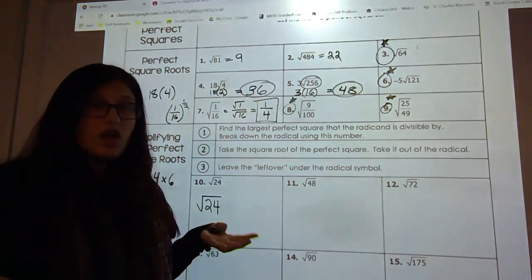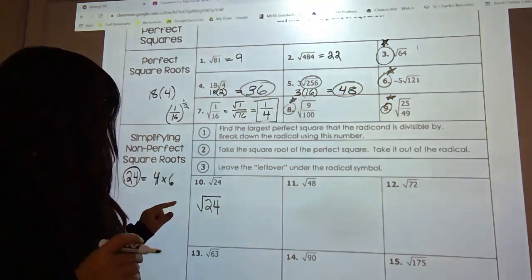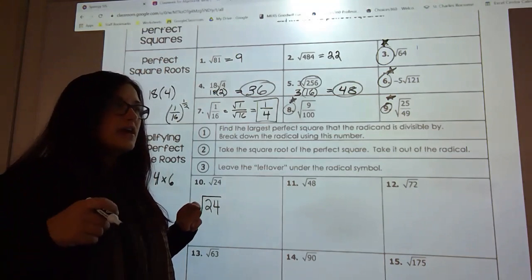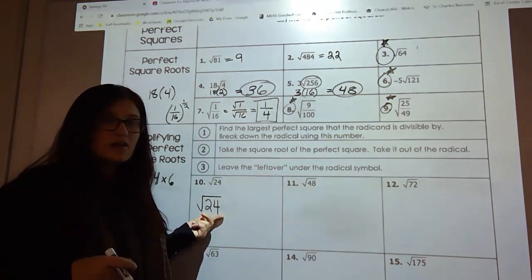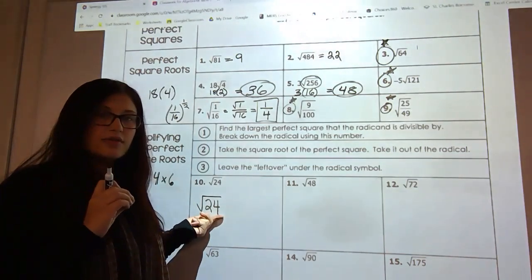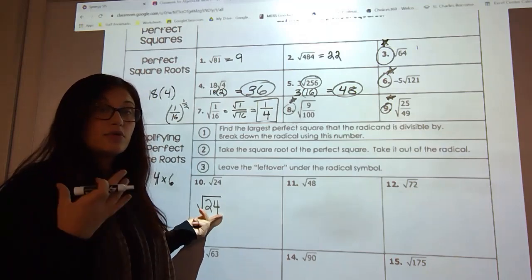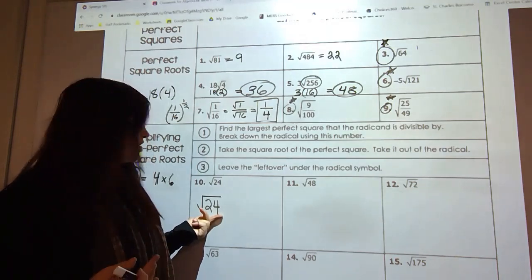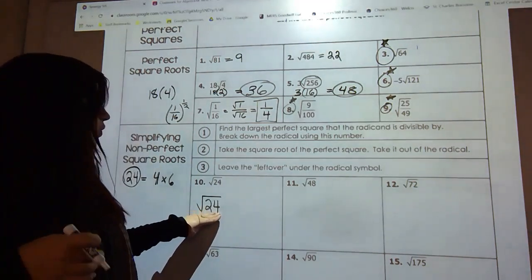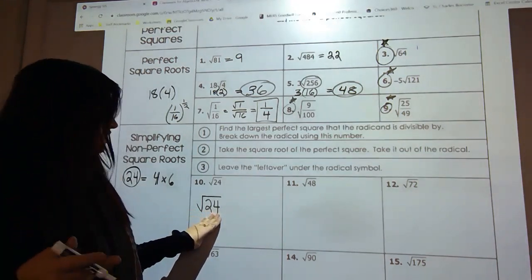But sometimes you're not going to be able to get around it. If you can make the number inside of the radical as small as possible, that would be considered a simpler way of writing that value. So I want to make whatever's inside of my radical as simple as possible.